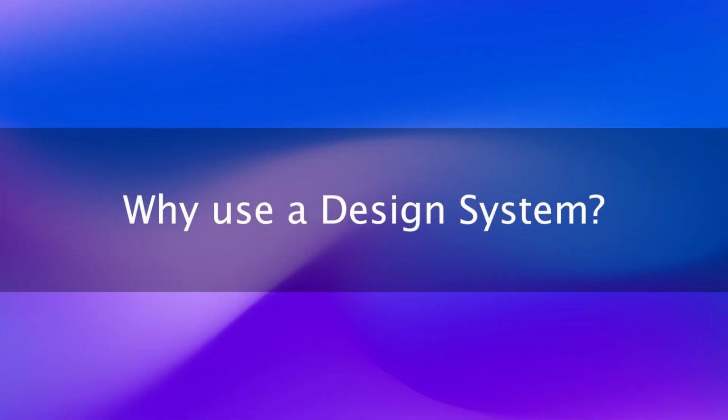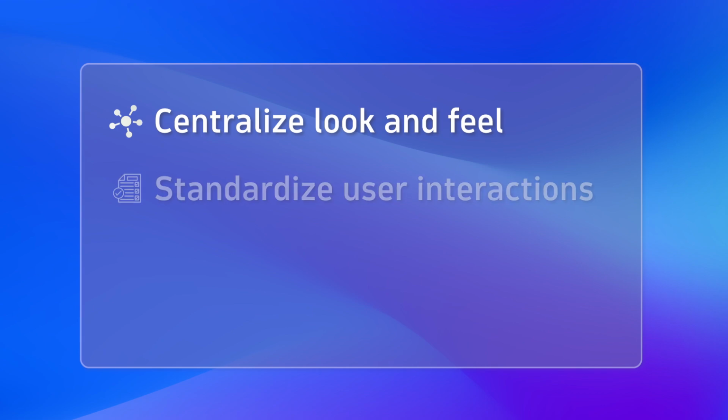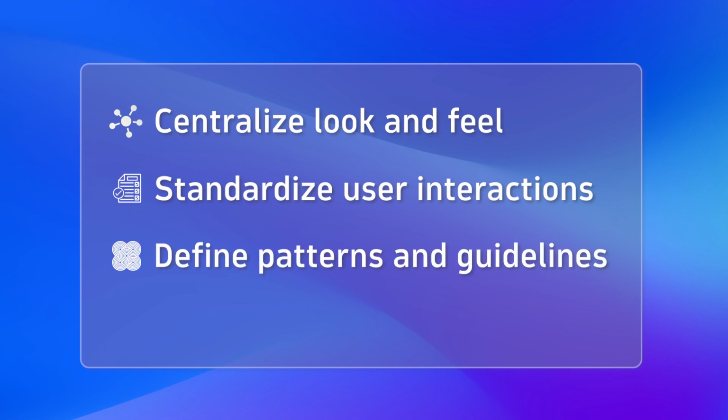So why should we use a design system, or should we even? One of the main benefits is that you centralize how the company wants the product to feel and look like, and how certain user interactions should be handled in the product. And it's a central place that can define patterns, that can define how the product is then consumed by your end users.